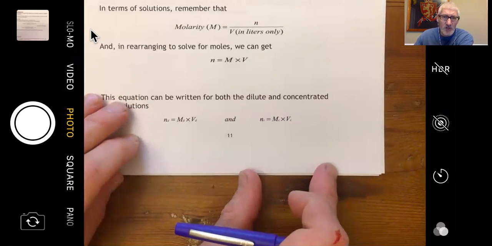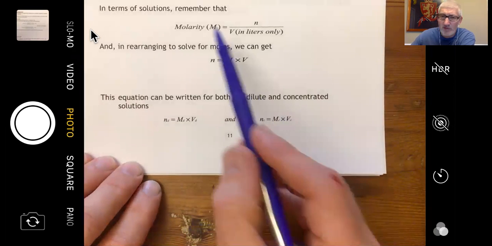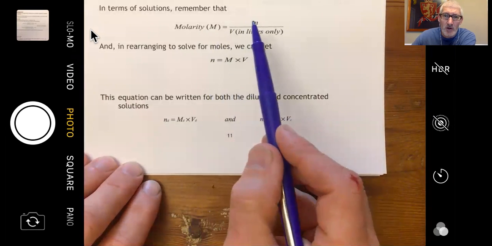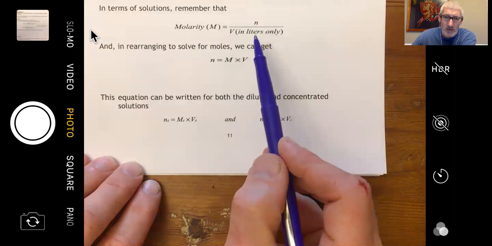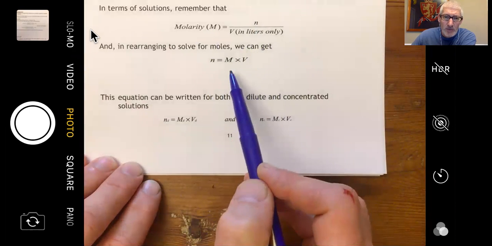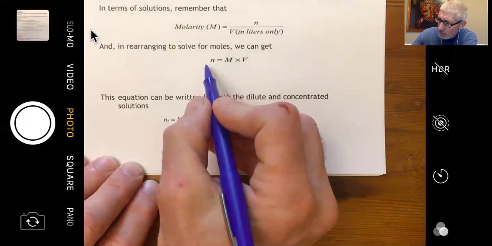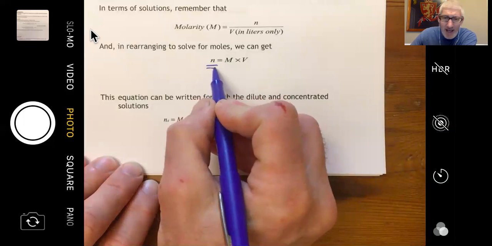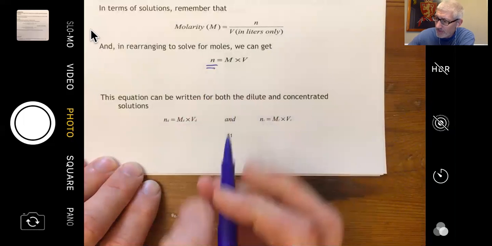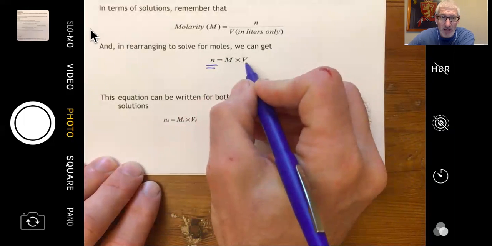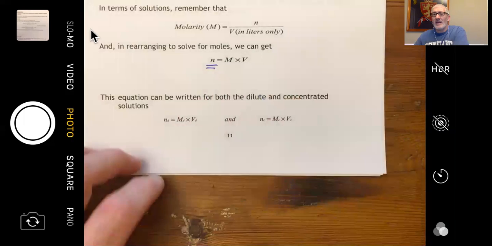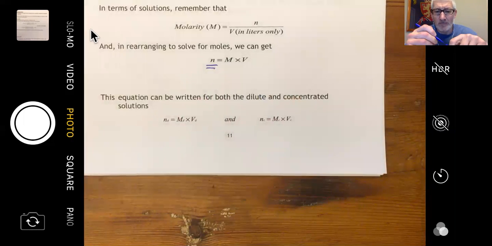If we start with this idea that the formula for molarity is number of moles over liters, I can rearrange this and figure out that if I ever want to know how many moles of solute I have in a solution, all I have to do is take the molarity and multiply it by the volume.